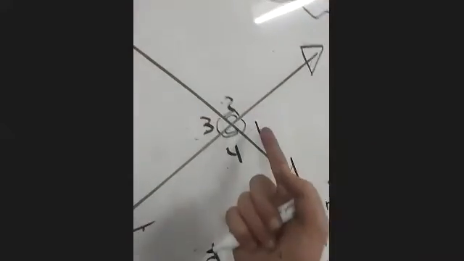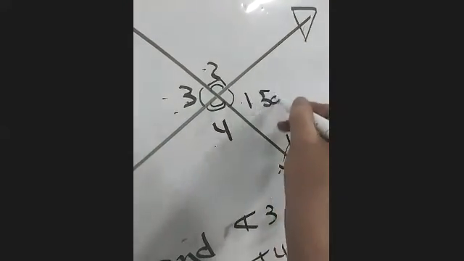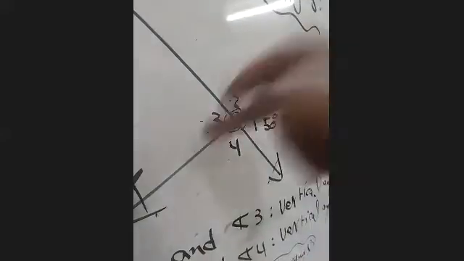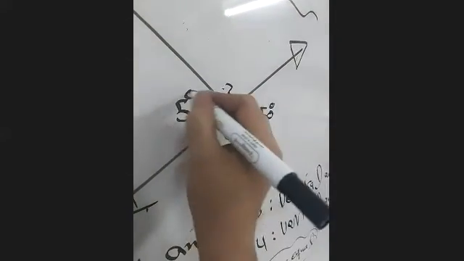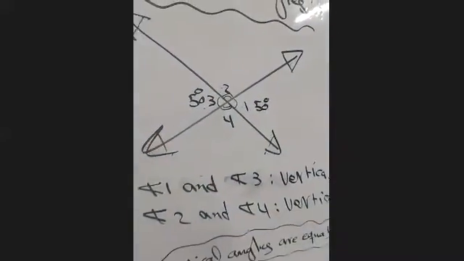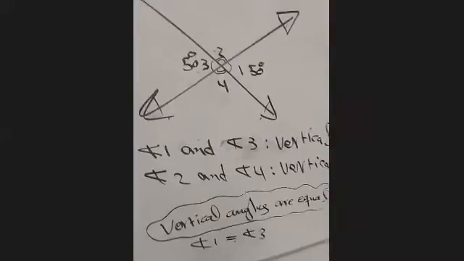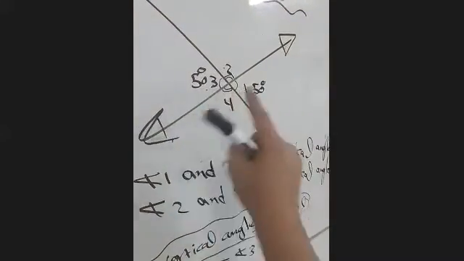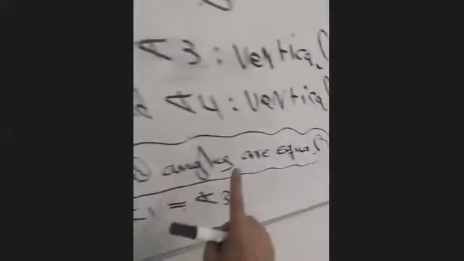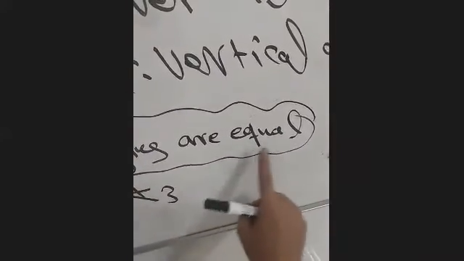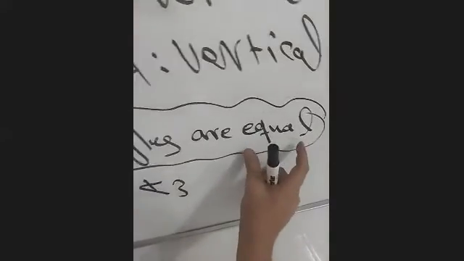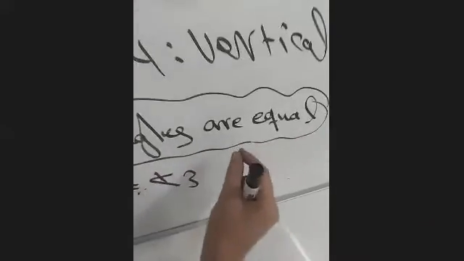Means if the measure of angle 1 is 50 degrees, the measure of angle 3 should also be 50 degrees. Okay, guys? So if angle 1 and angle 3 are vertical, then they are equal. It's important. The vertical angles are equal.